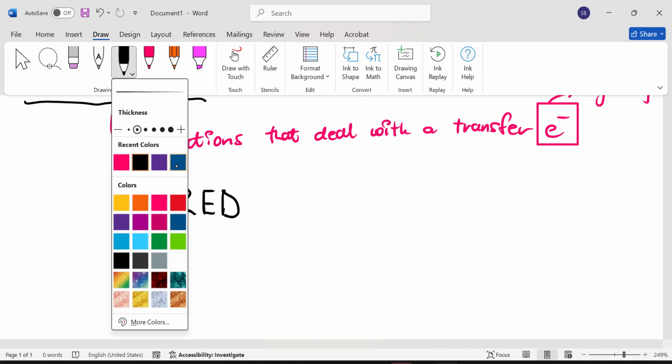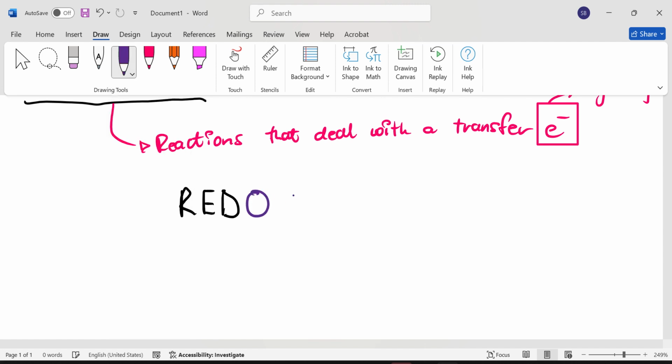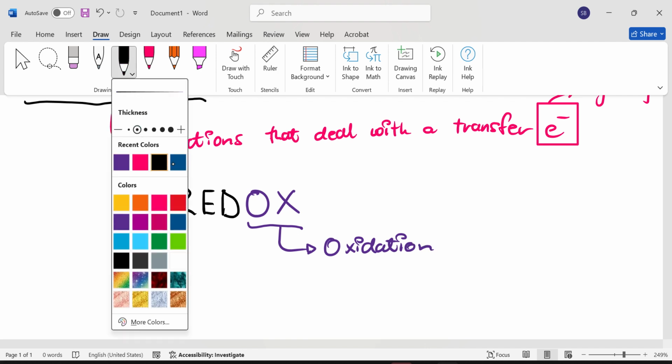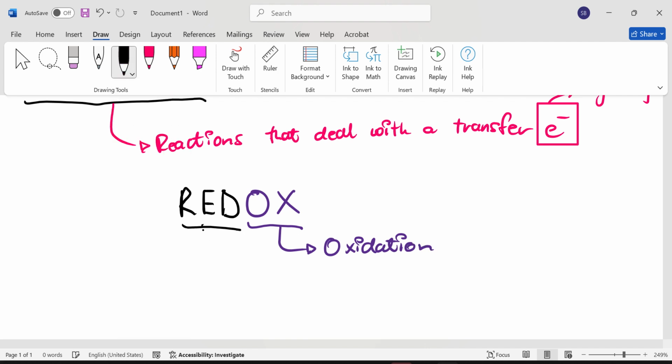Those words are, for starters, oxidation, so the OX is oxidation, and the RED is reduction.